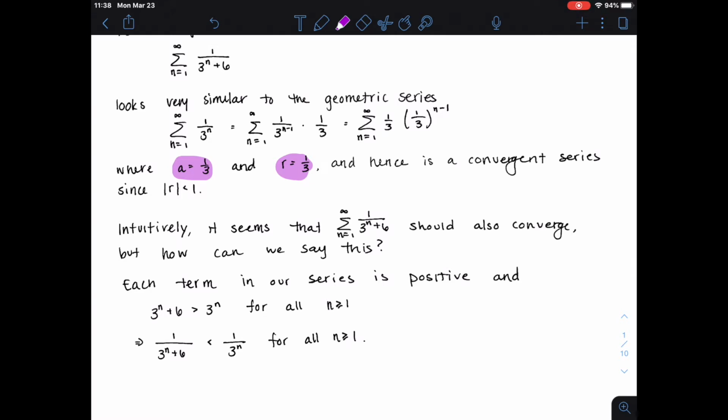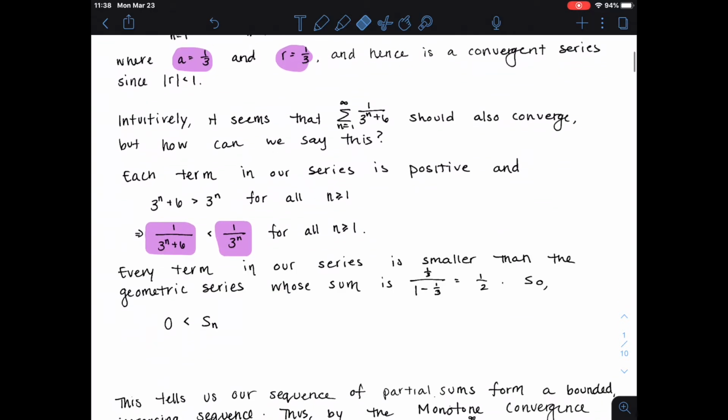So when you flip those fractions, you can reverse the inequality sign, and the terms in the series we're given are smaller than the terms in that geometric series that's convergent. So every single term in our series is smaller than this geometric series. And the geometric series sums to a over 1 minus r. So 1/3 over 1 minus 1/3, which simplifies down to a half.